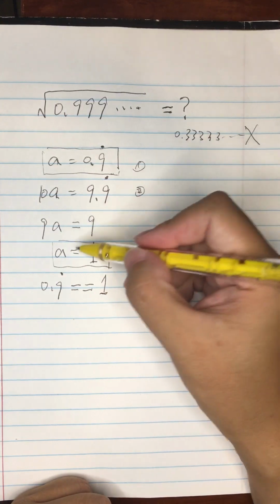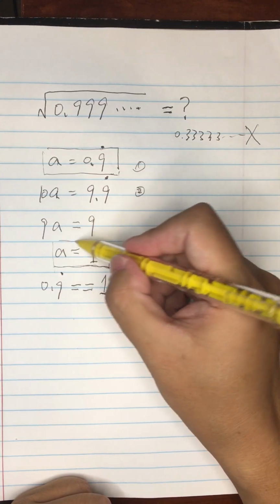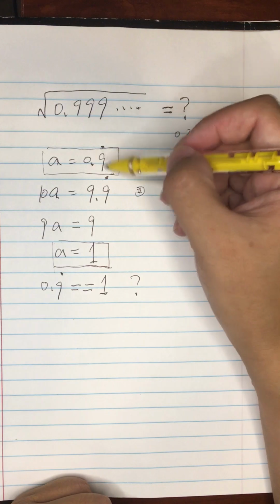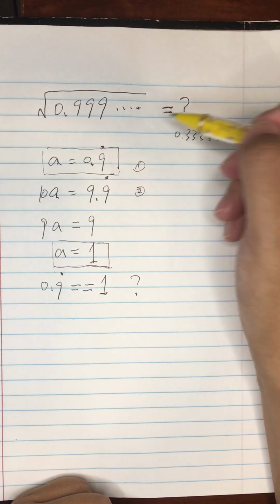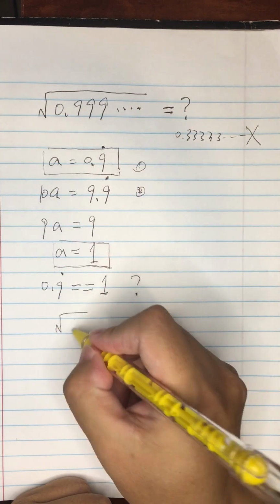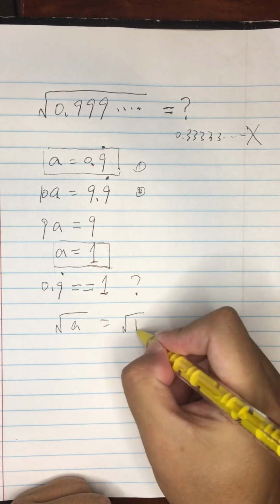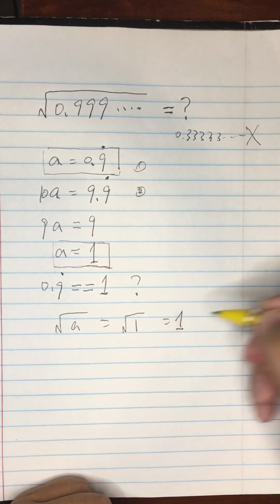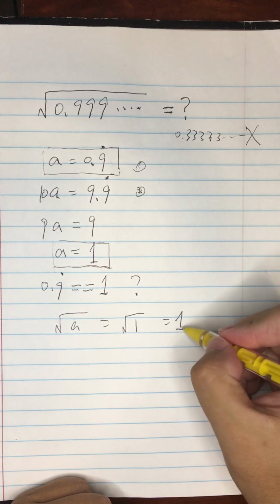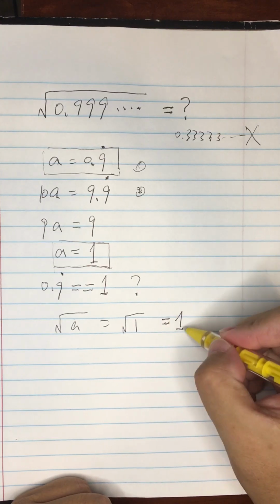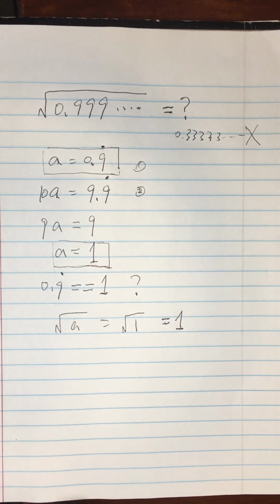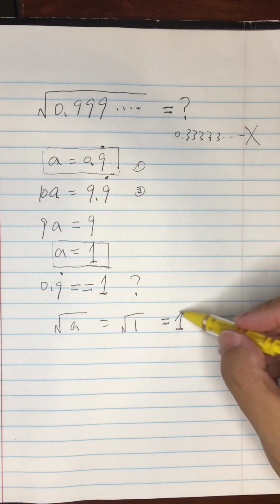But suppose A equals 1, then what's going to be the square root of A? The square root of A is going to equal the square root of 1, which equals 1. And for this test question, the standard answer was actually 1.